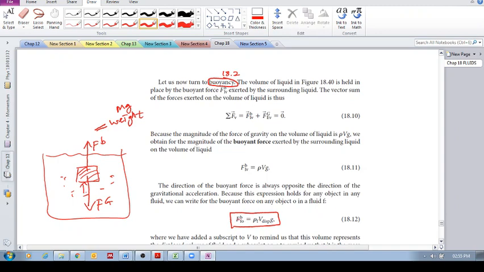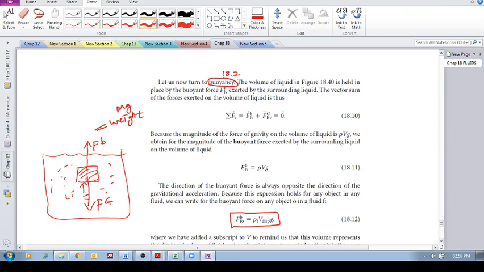An object gets placed in the water, any object, any density, and it displaces a certain amount of fluid. You calculate the weight of that displaced fluid, and that's the buoyancy force, acting up. So it's equal to the density of the surrounding fluid multiplied by the volume of the displaced fluid multiplied by gravity.